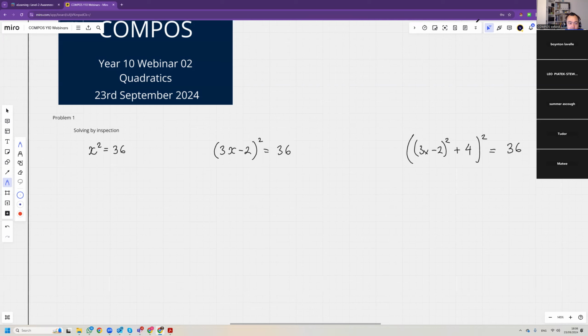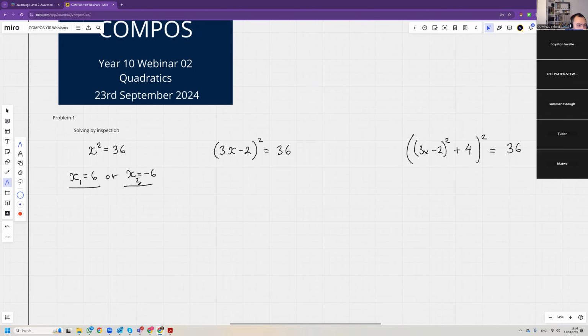Therefore, I have two solutions. So x is 6 or x is minus 6. We usually say x1 is 6 and x2 is minus 6, but you don't have to use this notation.